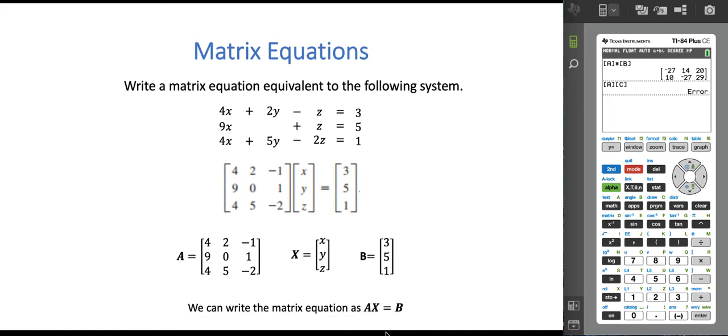So that means we can write this equation as A times X, and that's going to be equal to B. So if you multiply each row by each column, you'll end up with 4x, 2y, -z, 9x, 0y, z, and 4x, 5y, negative 2z. And that will be equal to this 3 by 1 matrix, 3, 5, and 1.